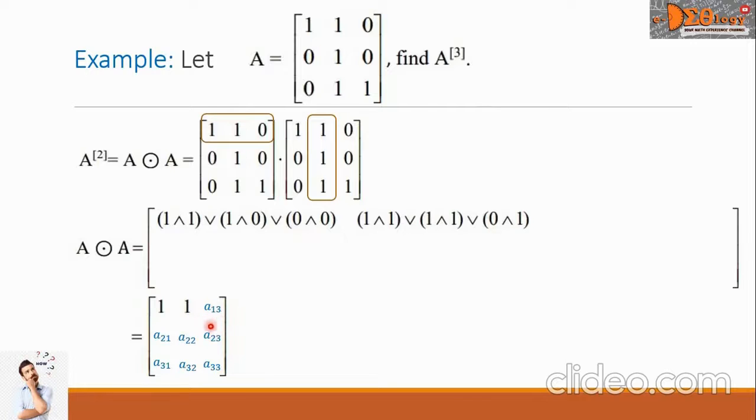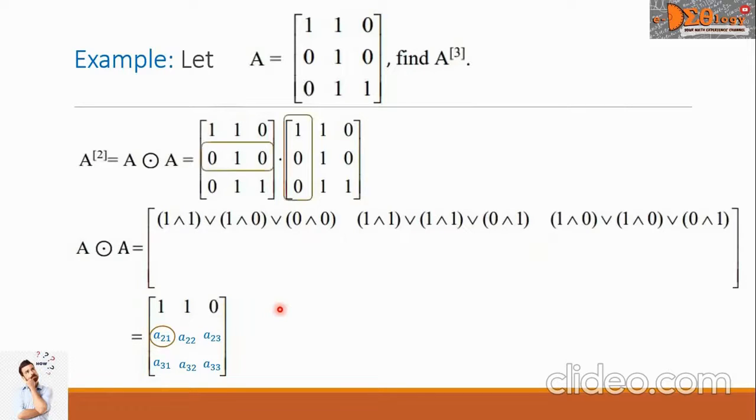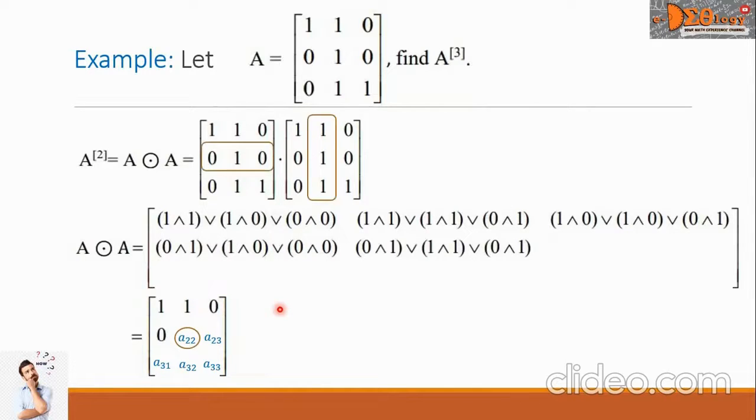Let's go for A sub 1, 3. A sub 2, 1. A sub 2, 2. A sub 2, 3.